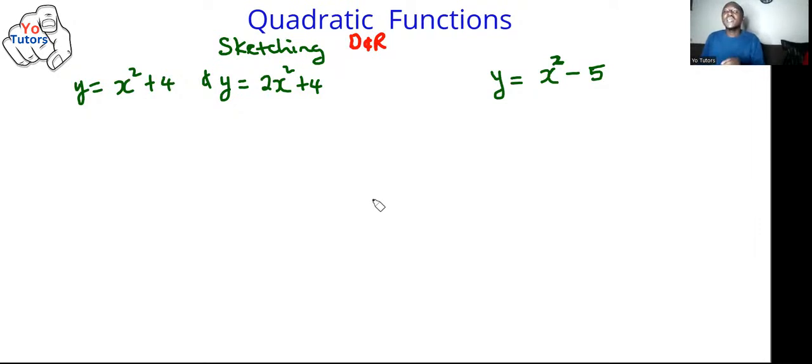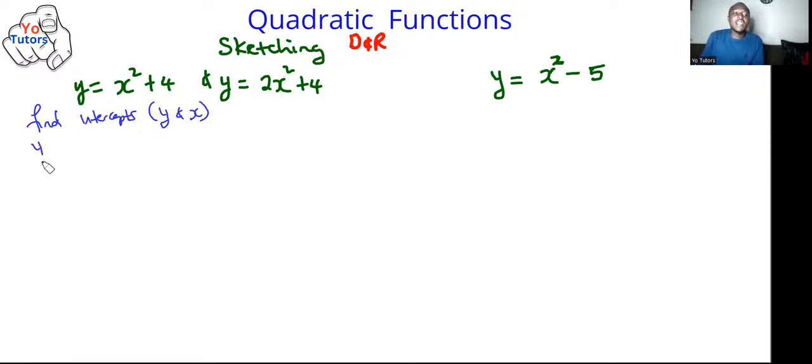When you are sketching, you must know the intercepts. So if there are intercepts, you know that you need to get them. For example, here you are using the dual intercept method, so find the intercepts first. When you say intercepts, it's Y and X. For the first equation here, what do we know about the intercepts?